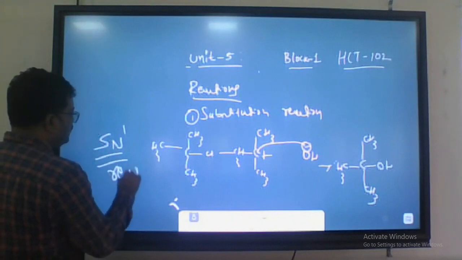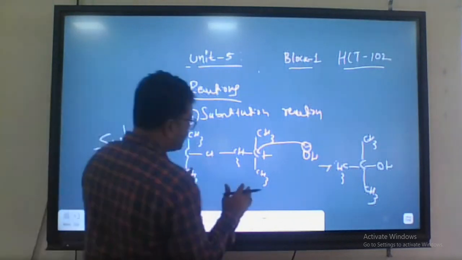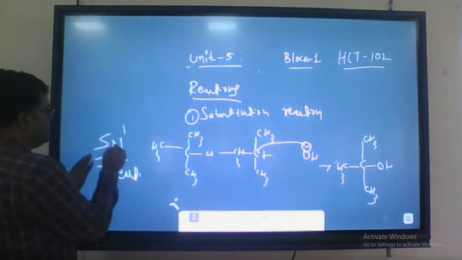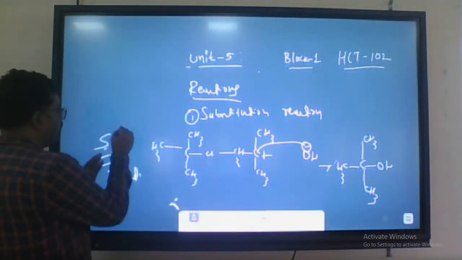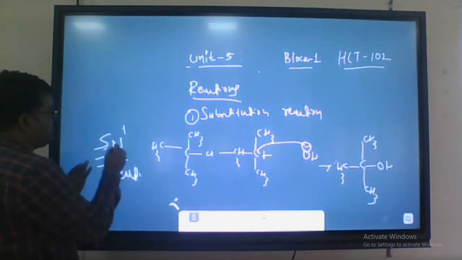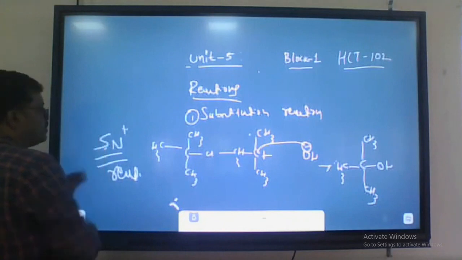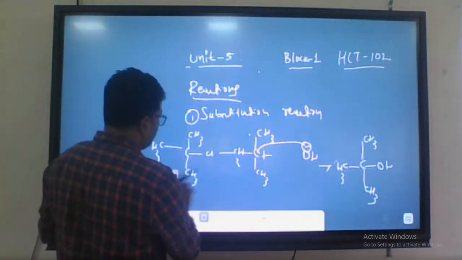In the rate-determining step, it involves only one species. So it is a nucleophilic unimolecular substitution reaction. Only one rate step. Next.